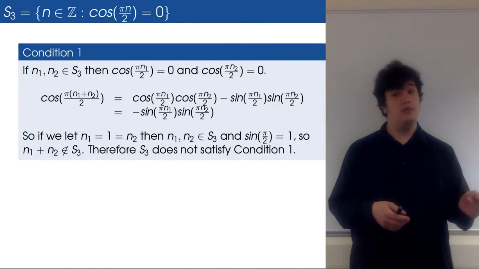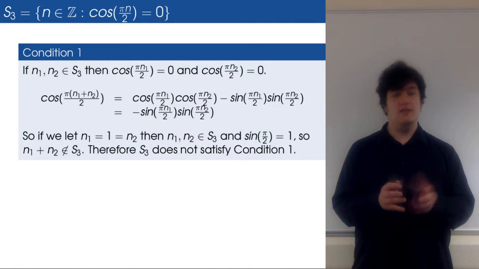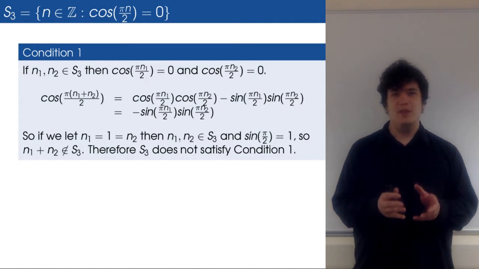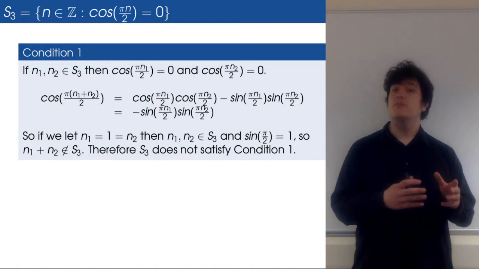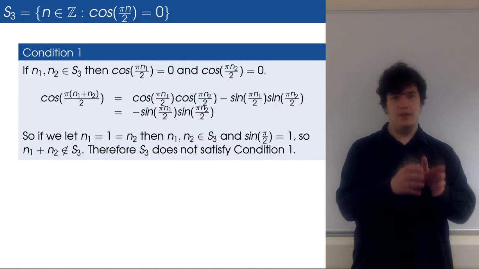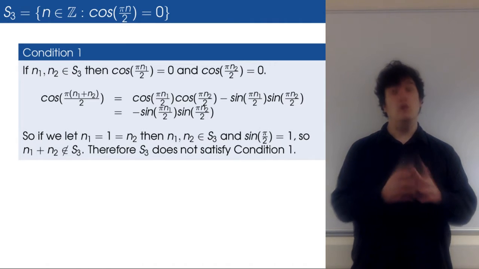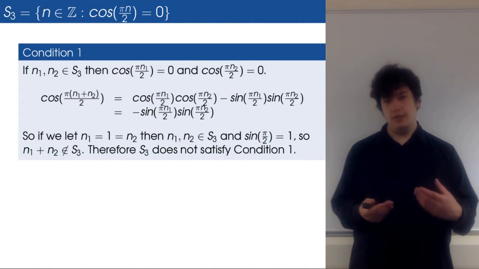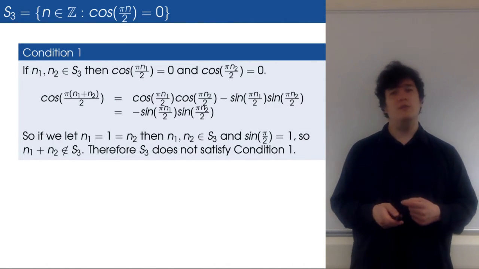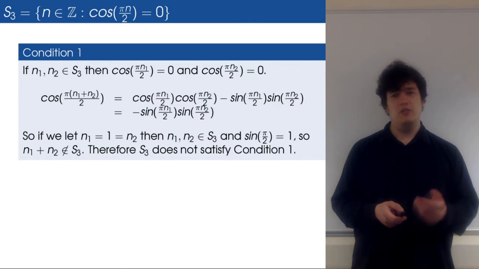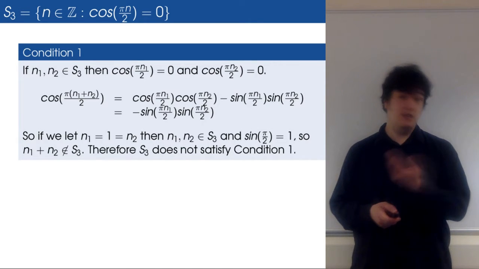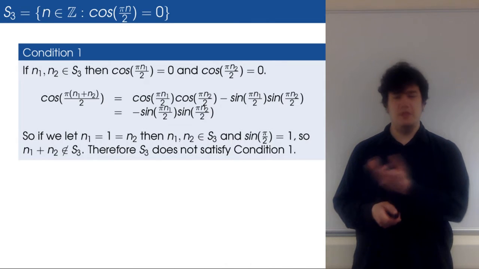I'm going to take two arbitrary elements of S3, assume that they're elements of S3, and then look at their sum. Now, I take the cos of pi times n1 plus n2 all over 2, apply the multiple angle formula for cos, and we deduce something that gives us minus sine of something times sine of something.